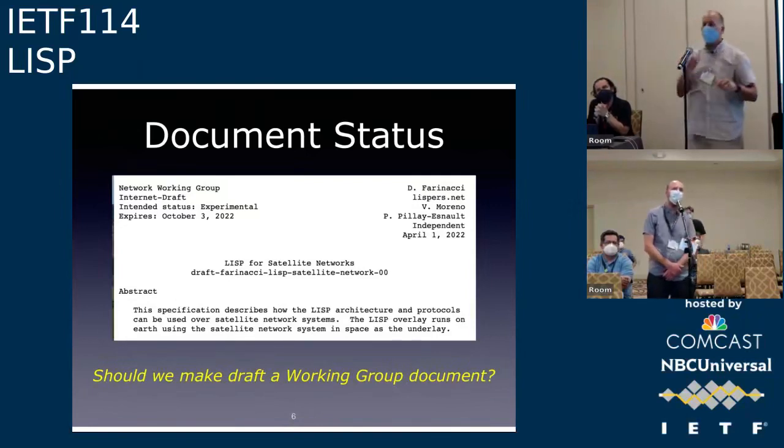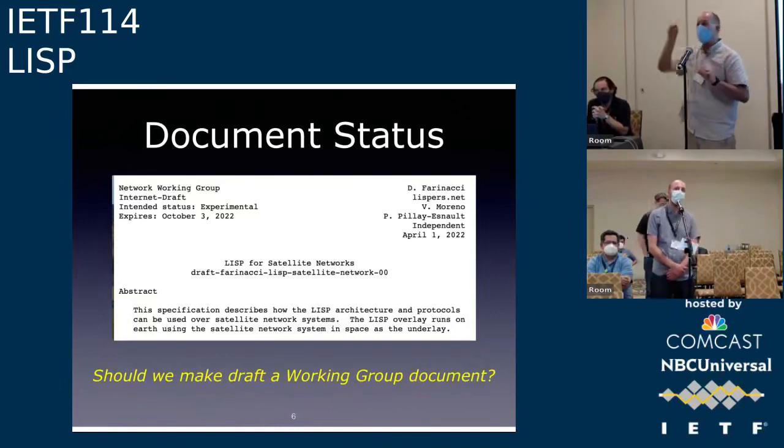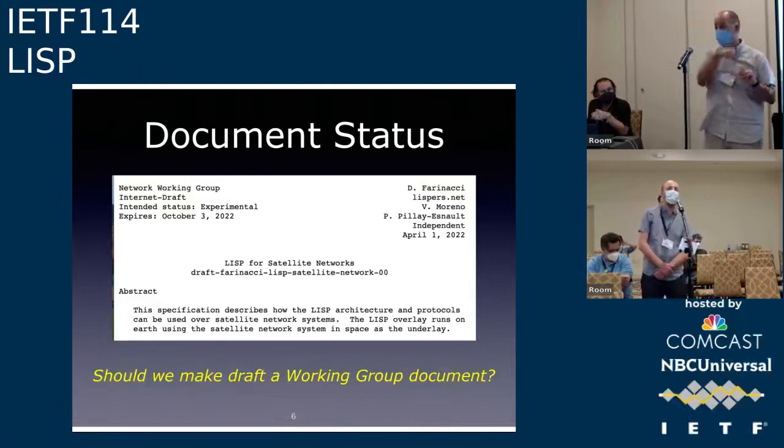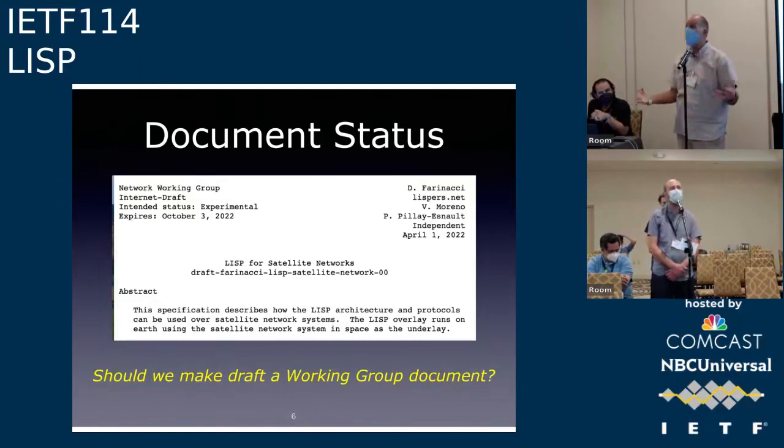But now the XTR is actually stationary, while the satellites are moving in and out, and the question is, will the satellite network reassign the RLOC to that ground station? If it does, it's just like the EID moves, so it is kind of a mobility event. But all our machinery will work in that case as well.